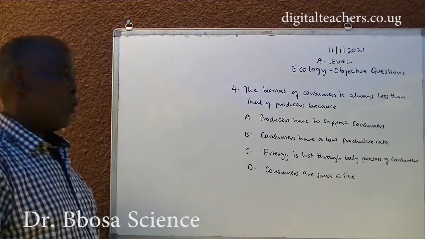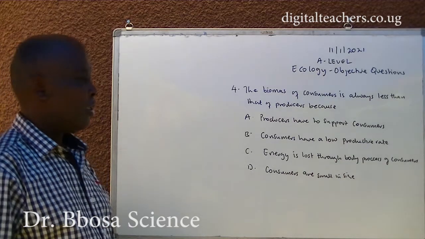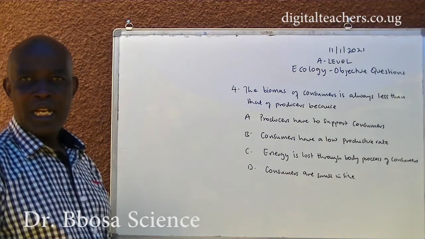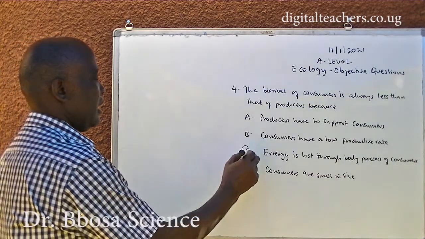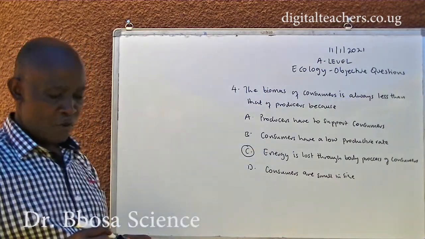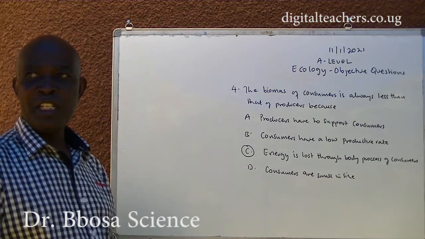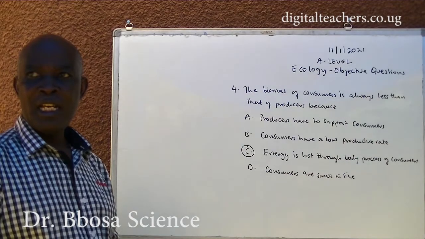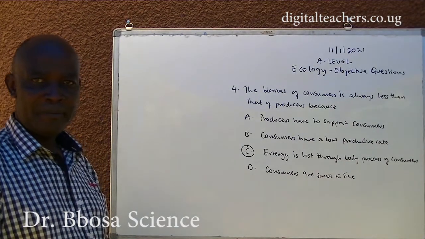D. Consumers are small in size. You can pause and answer. The answer is C. From the producer to the consumer, and even within the consumers, energy is lost through respiration.